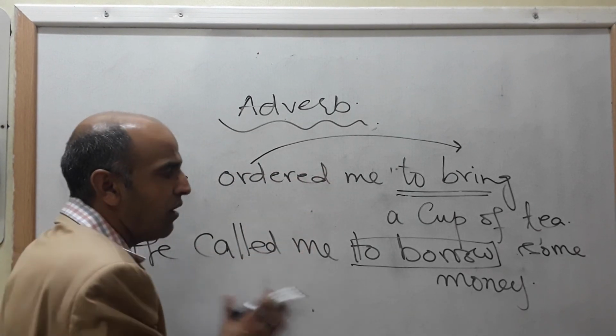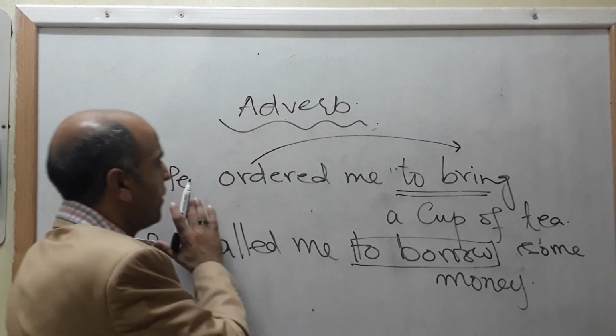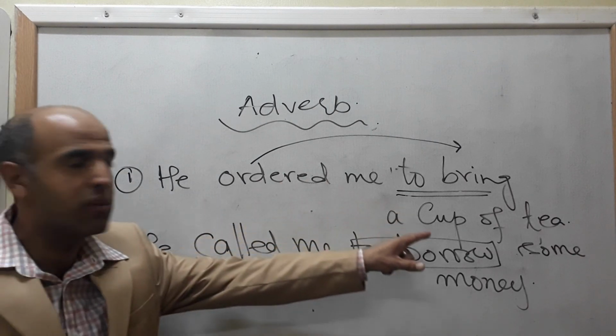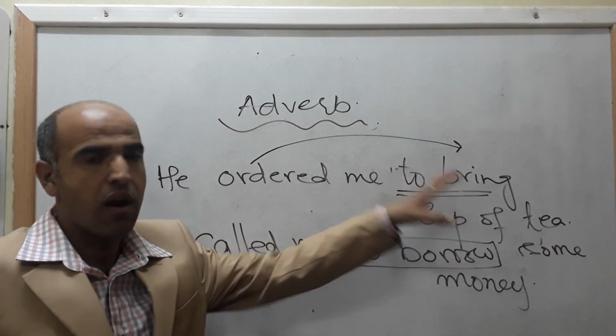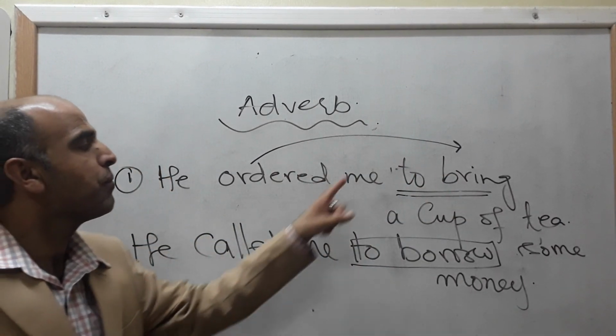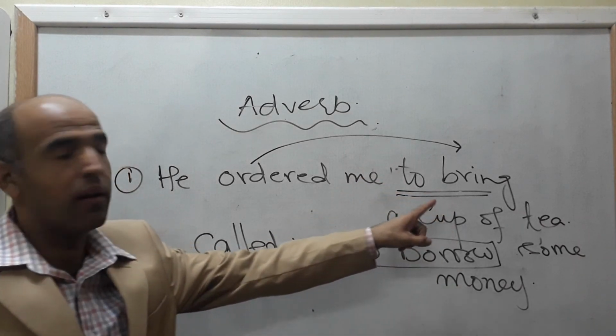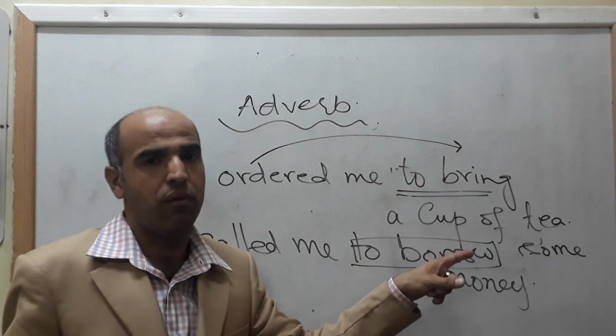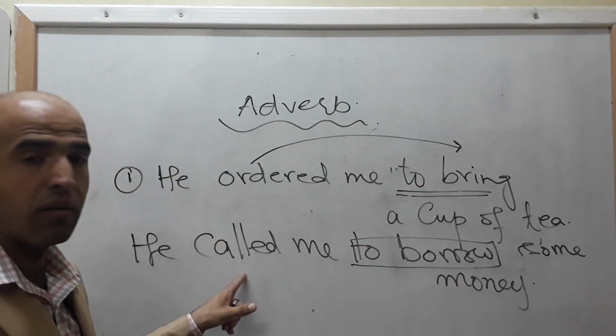He called me to borrow. He ordered me to bring. You can easily understand by looking at the examples that here infinitives are used as adverbs, because they are adding to the meaning of your verbs, order and call.